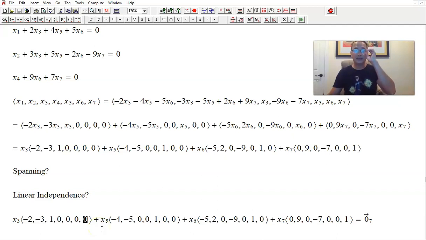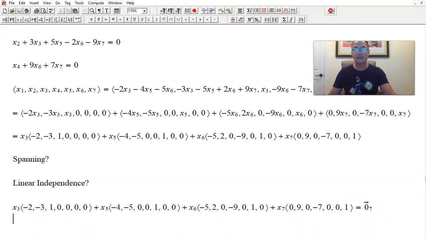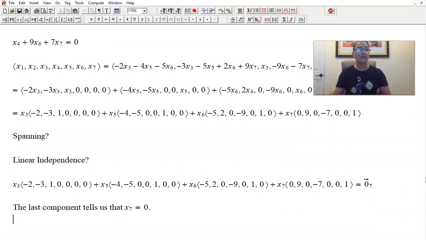So now that tells us if this linear combination is the 0 vector in R7, then the last component tells us that x7 has to be 0. Okay, so x7 must be 0.